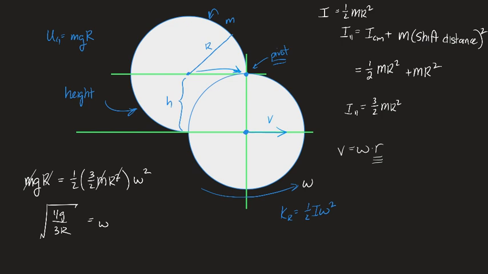That suggests we're going to need to shift from the pivot a distance, big R. So v equals square root. I just squared it and put it inside the radical. That's how I got v equals the square root of 4/3 gR.